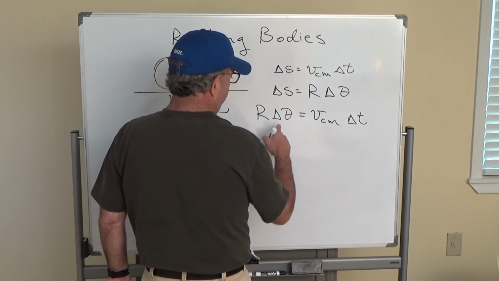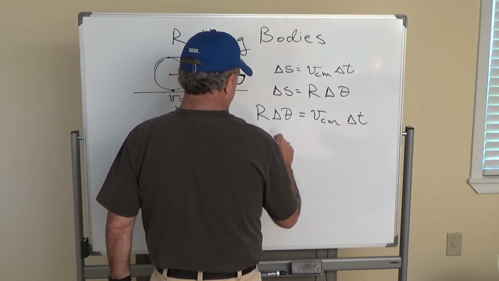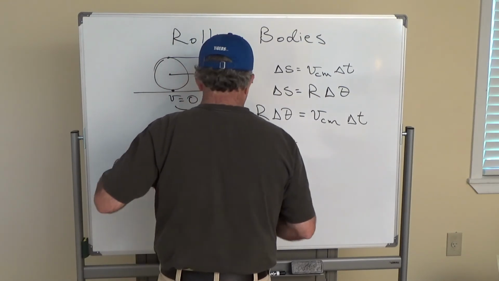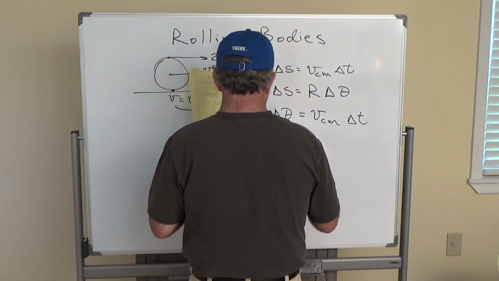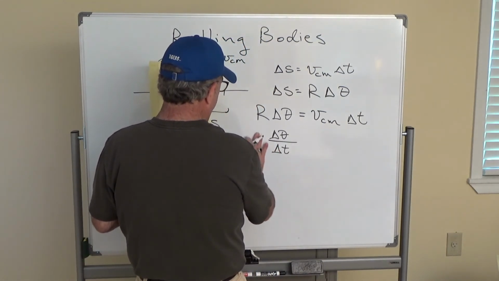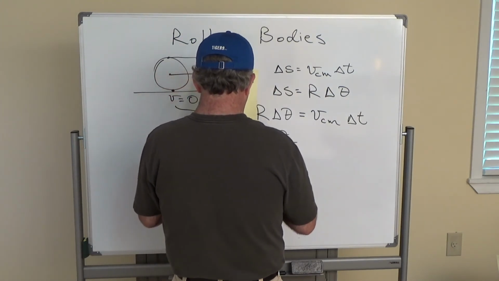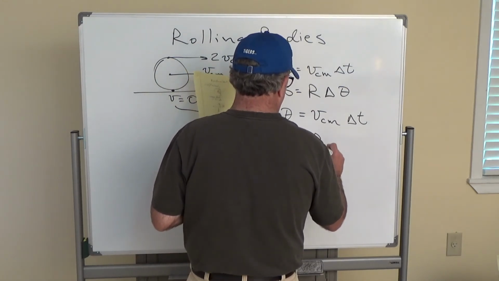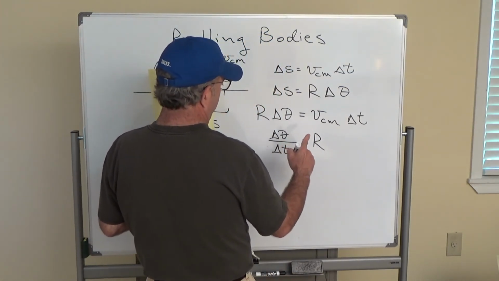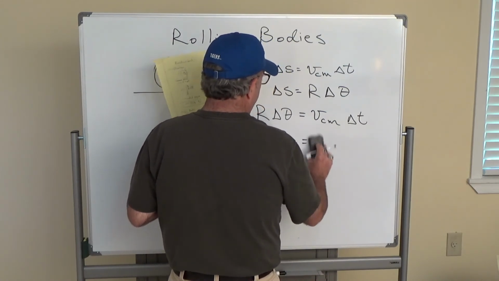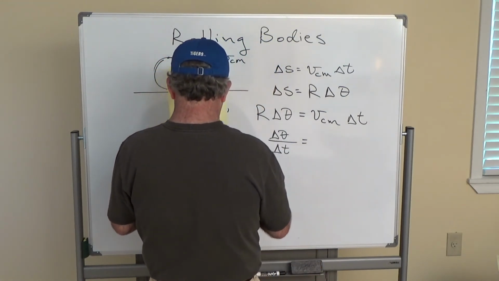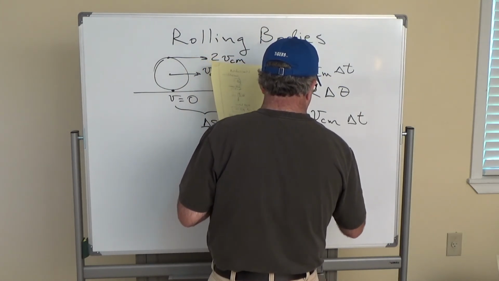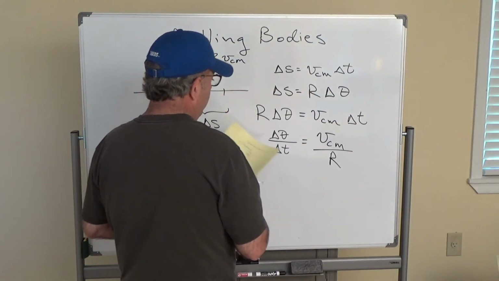Move this around and you get delta theta divided by delta T is V center of mass divided by R. Okay.